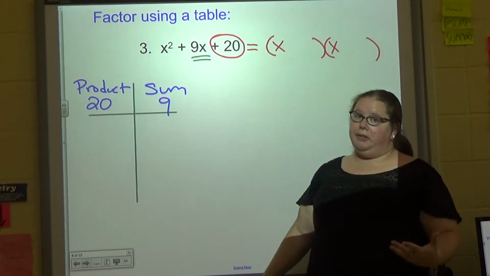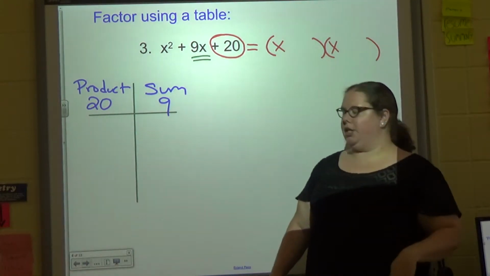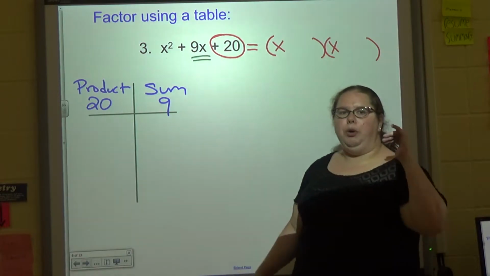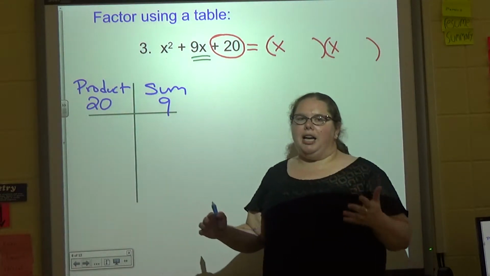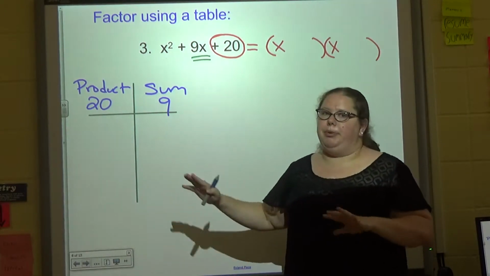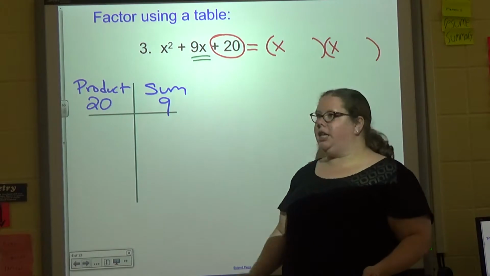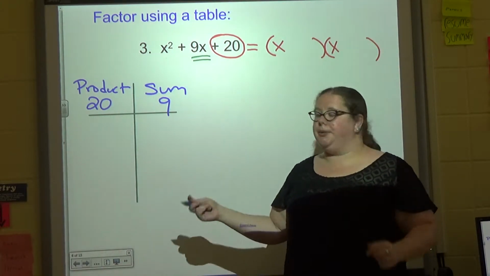So this one hopefully is kind of obvious to you, but here's the method I teach my students. Start with 1 and work your way up under product. There's not a lot of integers that multiply to a number, but some, it could be a million things, negative 20 and positive 29. So start with product.